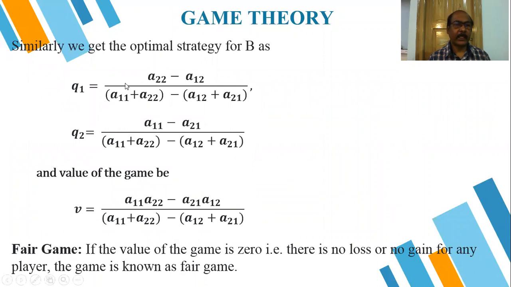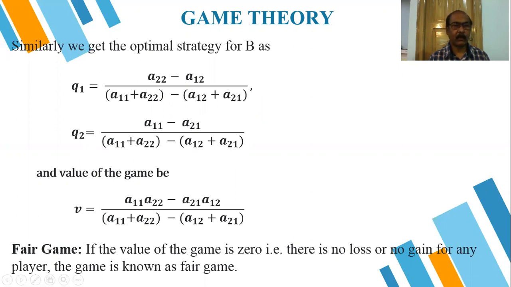In a similar way, we will get Q1 equal to (A22 minus A12) divided by (A11 plus A22 minus A12 plus A21). The denominator is fixed. Q2 is equal to this, but we know Q1 plus Q2 is equal to 1, so Q2 is equal to 1 minus Q1.